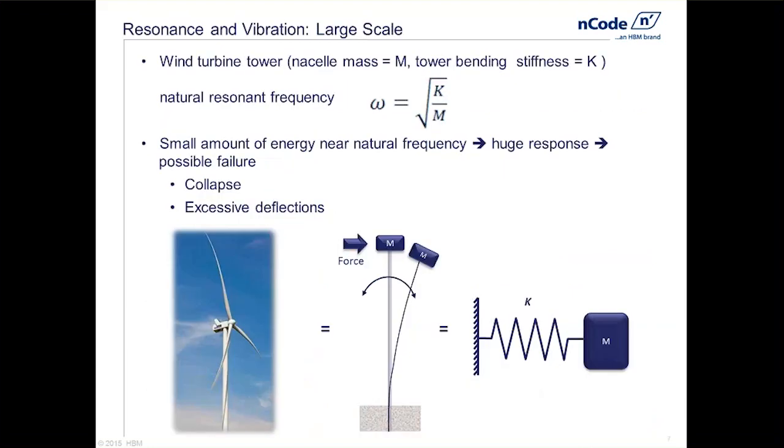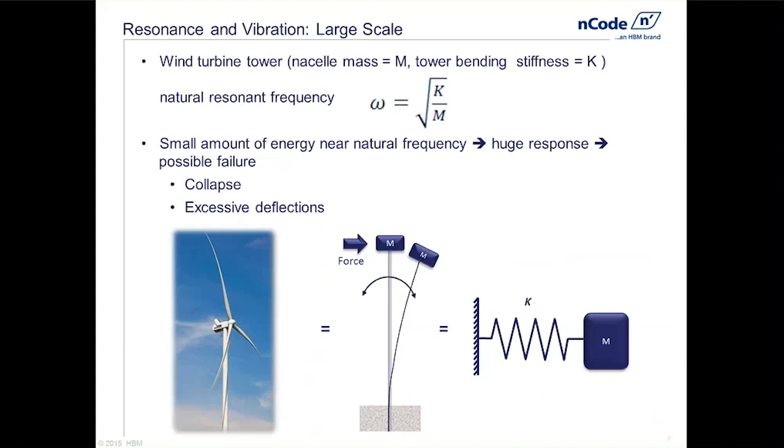And that's when we start looking at vibrations and resonance of our structures and how those vibrations might cause larger amounts of deflection. So this very first example that we look at here, something that's more of a larger scale, we can look at a wind turbine, and perhaps a very simplistic way of looking at this, we can come up with a single degree of freedom model that represents the mass of the nacelle at the top of the tower, and we can represent the stiffness of the tower itself.